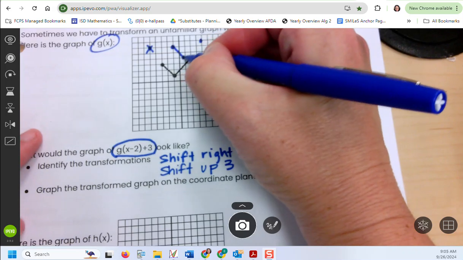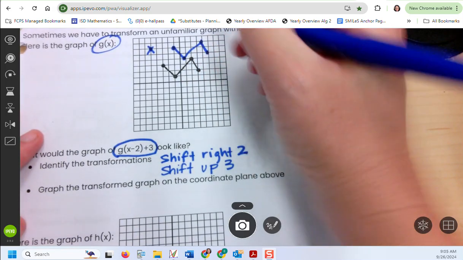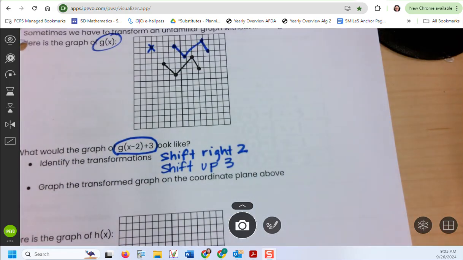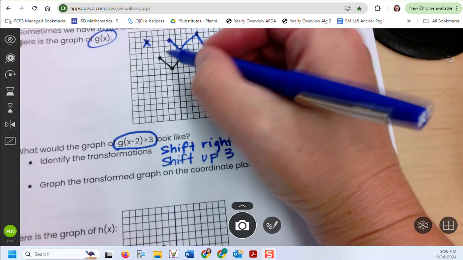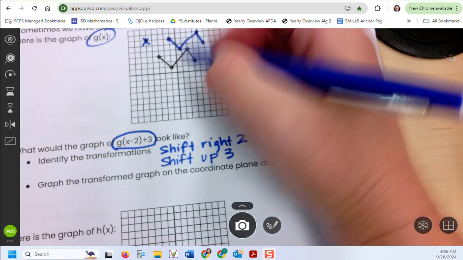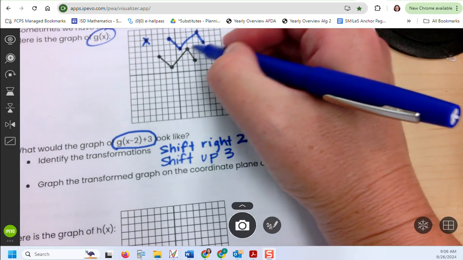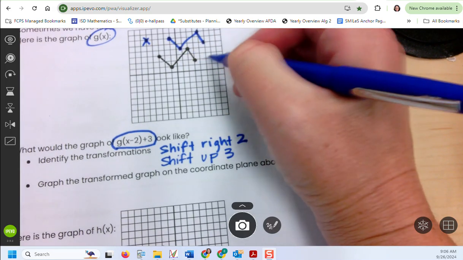So it's down, up, down. So we just picked up that whole piece and went right 2 and up 3. This is brand new, so make sure you're getting that on your paper. We did 1 point at a time. Right 2, up 3, right 2, up 3, right 2, up 3, and right 2, up 3.